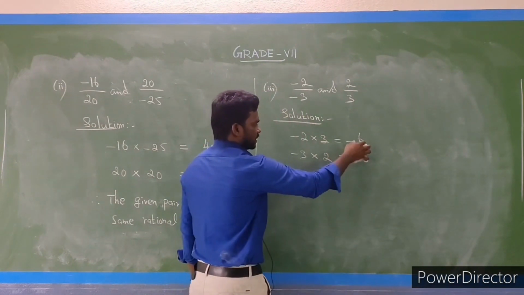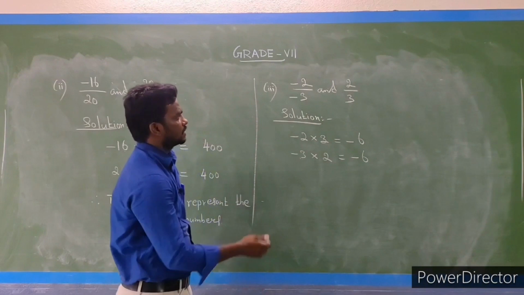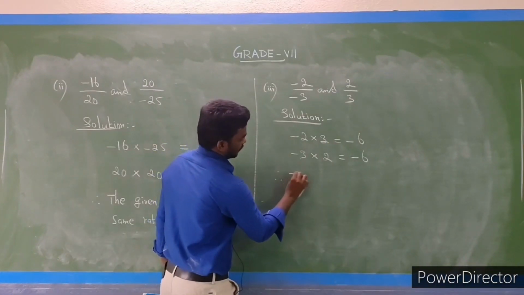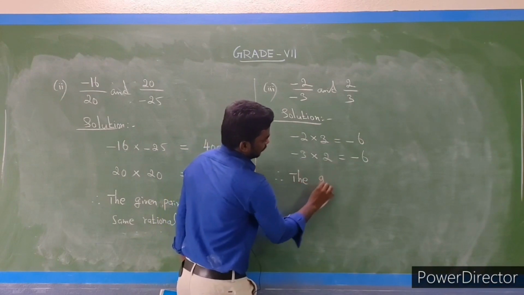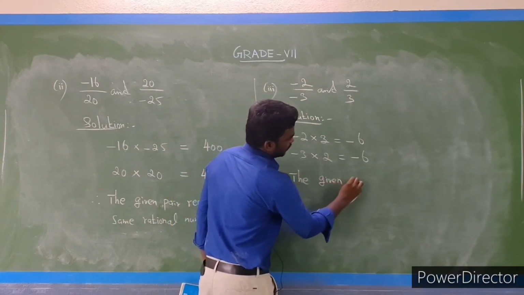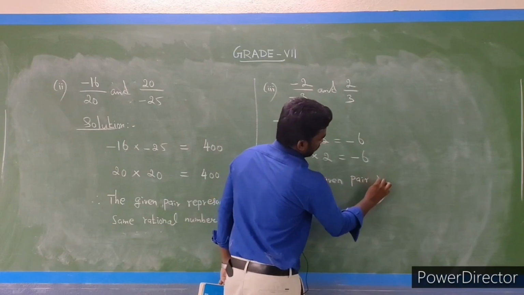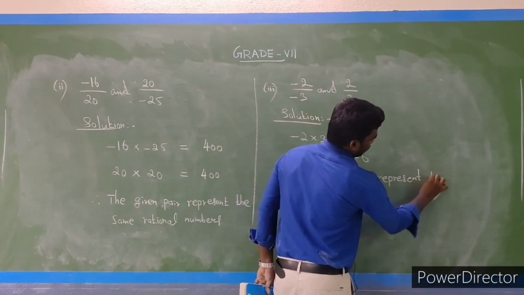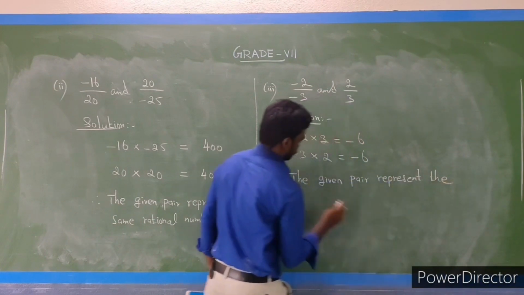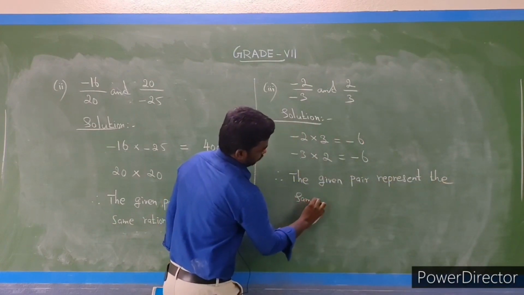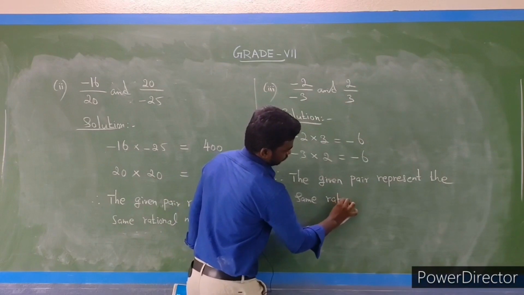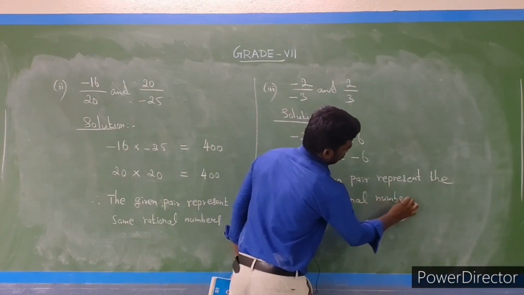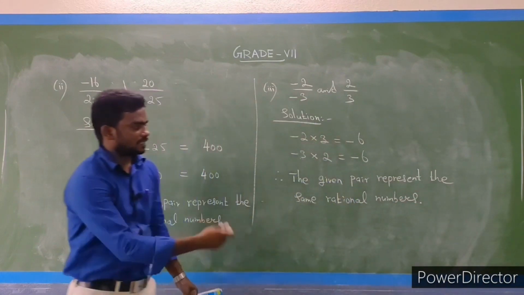So minus 6 is the same as minus 6. So the given pair represents the same rational number.